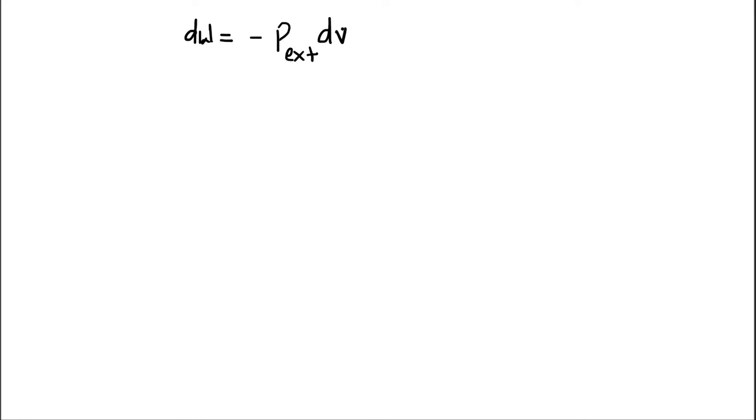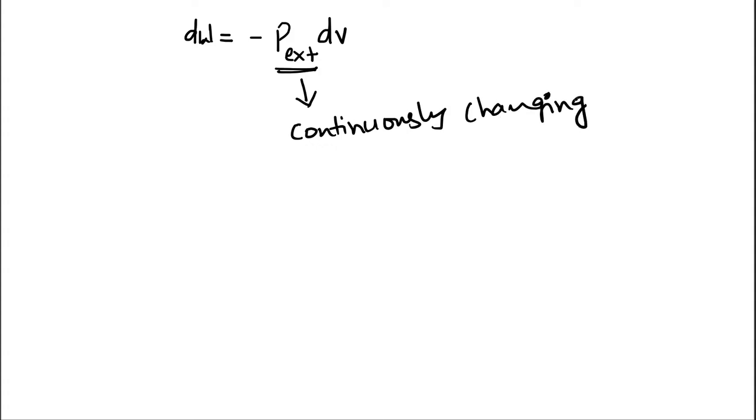dV. Here this P external is not a constant term, this is continuously changing. Therefore it is an important thing, it is a variable always. The P external is here variable. So the total work done in the entire process of bringing the system from P1 V1 to P2 V2 is integral dW.